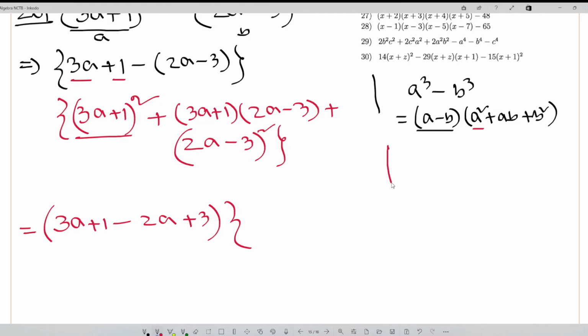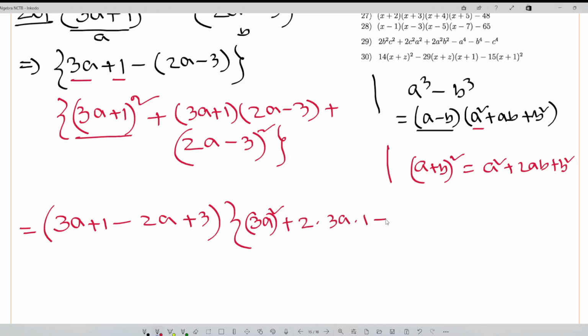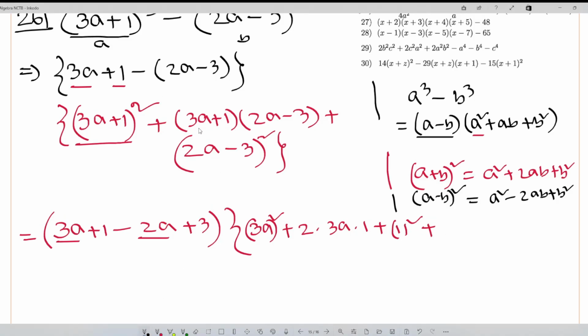This is also another theory, which is (a + b) whole square. We can write a square plus 2ab plus b square, right? So 3a square plus 2ab, 2ab means 2 times 3a times 1, plus b square, it means 1 square. Plus now (3a + 1) times (2a - 3), it means 3a times 2a, it's 6a square, then minus 9a, then plus 2a, then minus 3.